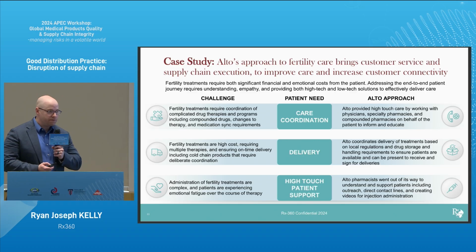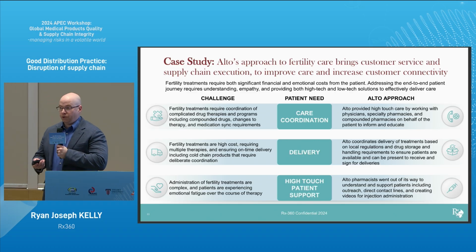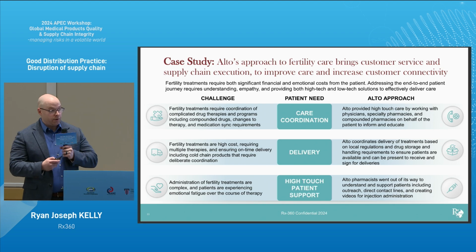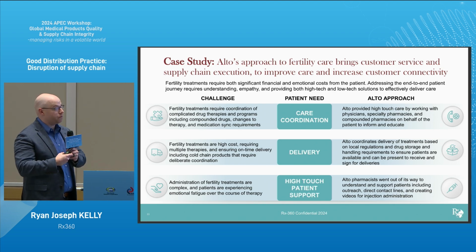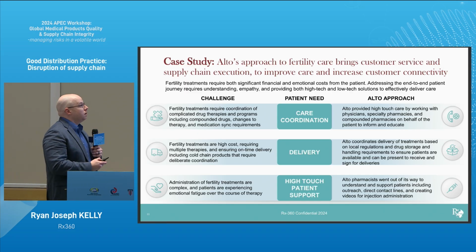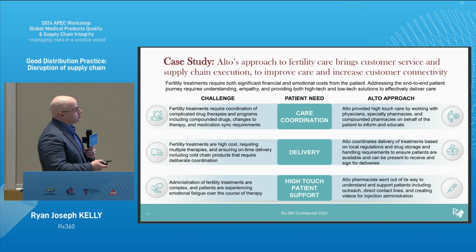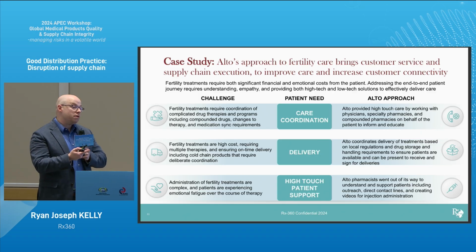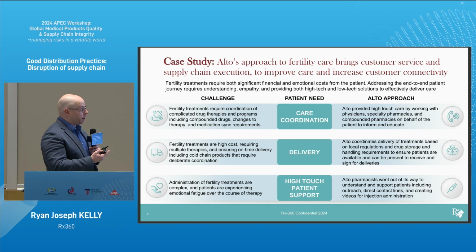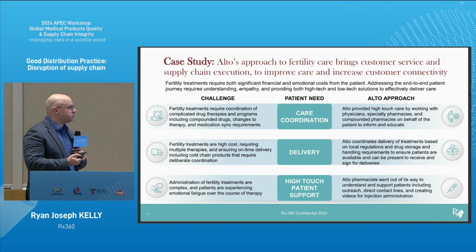And so their biggest focus right now is on fertility treatments, which, if anyone has any familiarity with fertility treatments, are emotionally sensitive. They're very, very complex. They often require cold chain logistics, and they require advanced coordination among compounded medical products, standard medical products, and often evolving dosages.